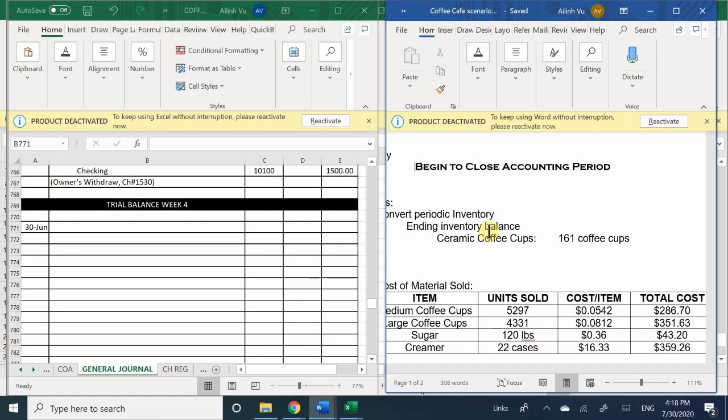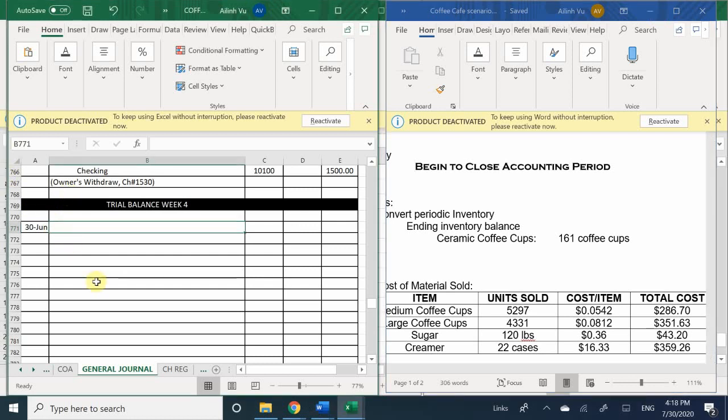Coffee cups. Yes, good. But what is it called in the accounts? Well, ceramic mugs. Yes, ceramic.